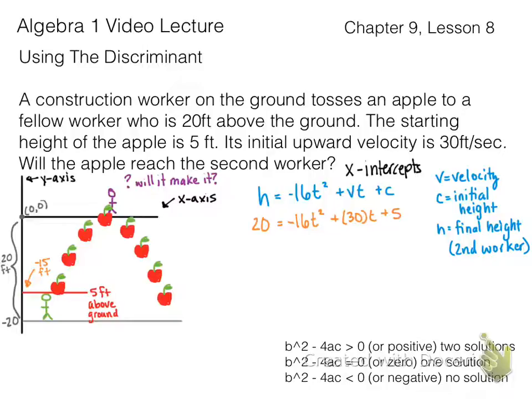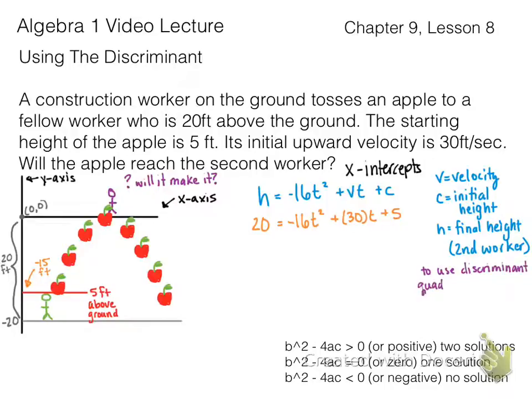Because when I solve this for 0, it's just moving it down. So I can start my equation without having to factor in the fact that I am making my guy throwing the apple below ground, it's not even below ground, it's really just below the x-axis.